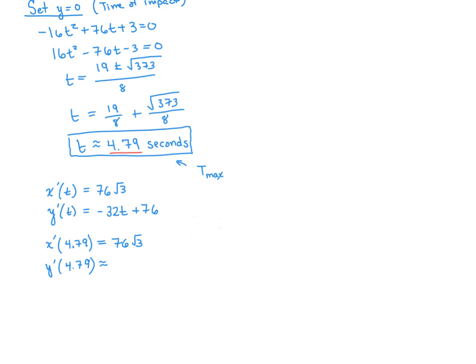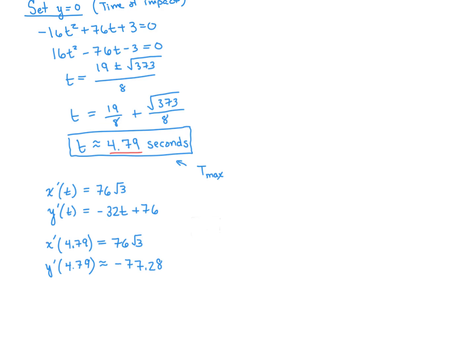And so plugging in 4.79, we get about -77.28. Now I just want to pause for a moment. Notice that this value is negative, and that's because this is our velocity in the vertical direction. So this object should be falling at that point.